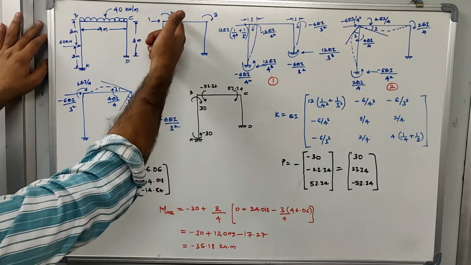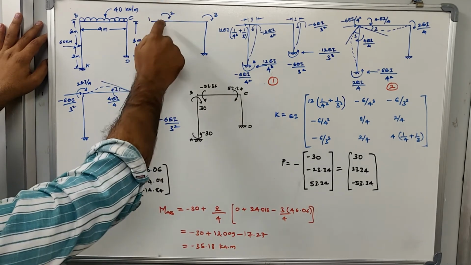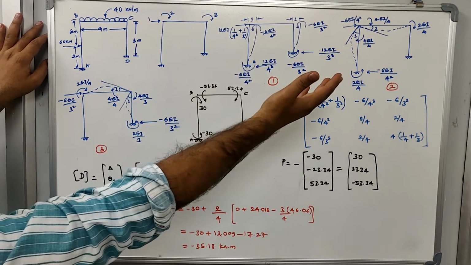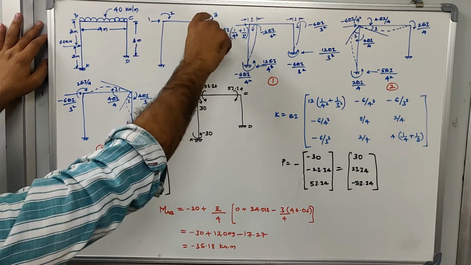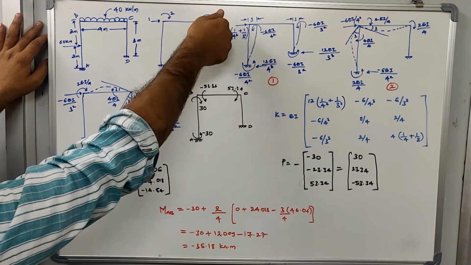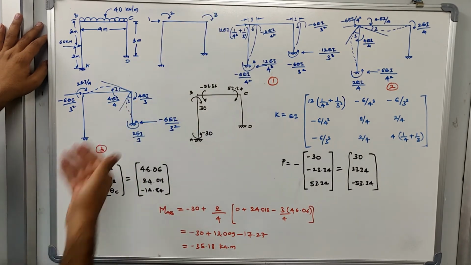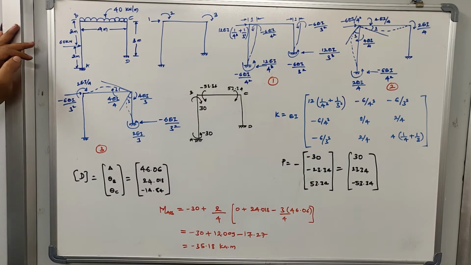In the second coordinate, we apply unit rotation at joint B and solve again the forces and moments created. And for the third, we apply unit rotation at joint C and define the forces. Okay, so let us begin one by one.